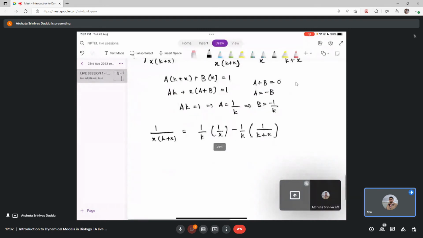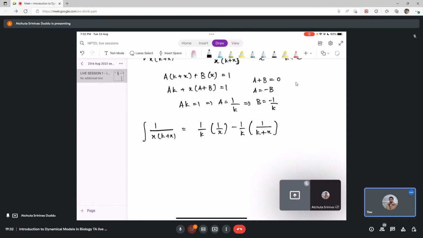So that would turn out to be 1 by k, a constant, so we can take it out: 1 by k times the integral of 1 by x dx. Again 1 by k, you bring it out, integral of 1 by k plus x dx.